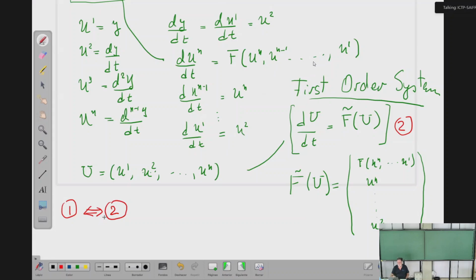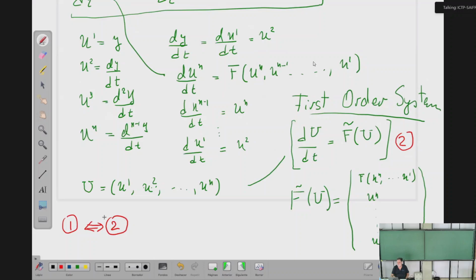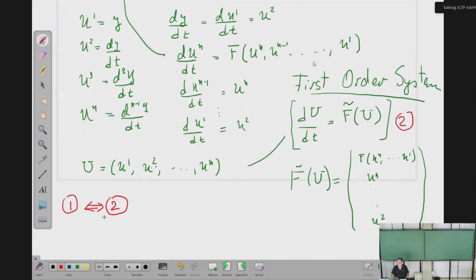What does it mean, equivalent? That if I have a solution of system 1, then I have a solution of system 2. And if I have a solution of system 2, I have a solution of system 1, right?